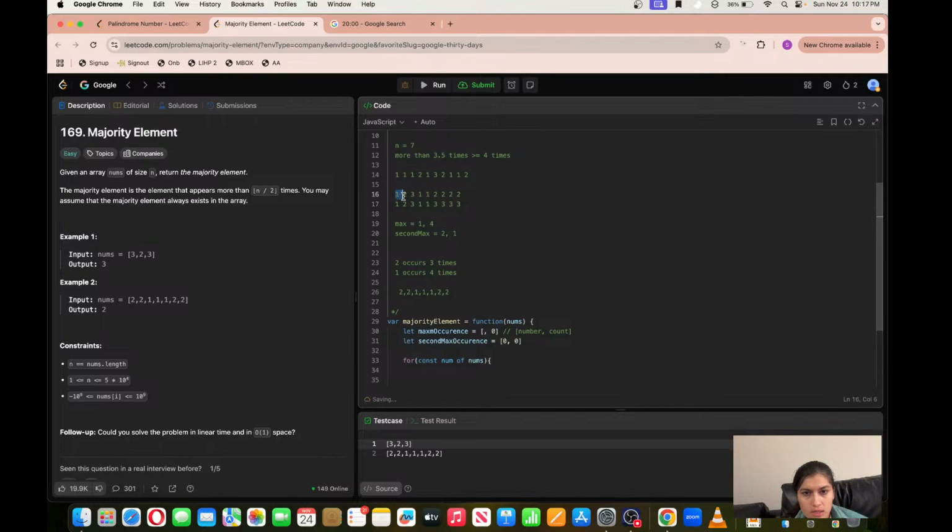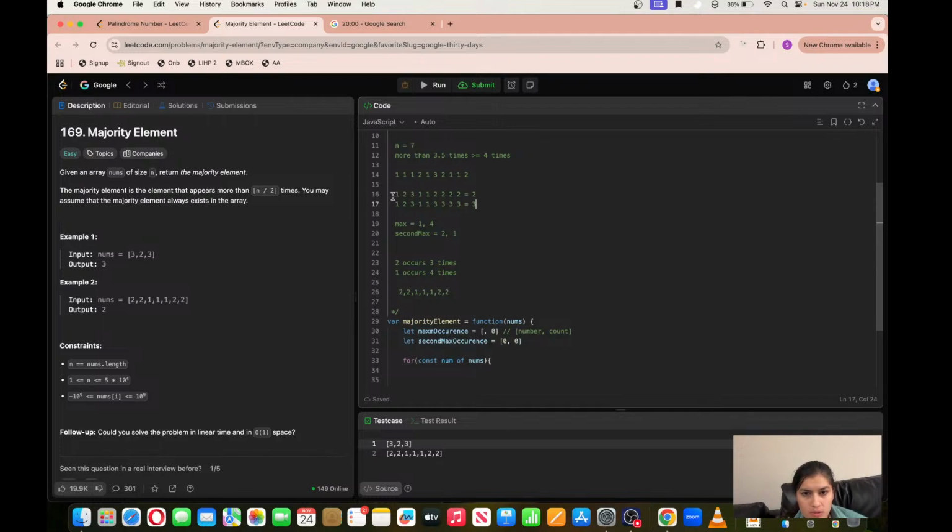So when I'm just looking at this 1 2 3 1 1 2 2, so this is 1 2 3 4 5 6 7 8 9. 9 by 2 is 4.5, right? So 1 2 3 4 5, so 2 is the answer here, right? And here the answer is 2 and here the answer is 3.